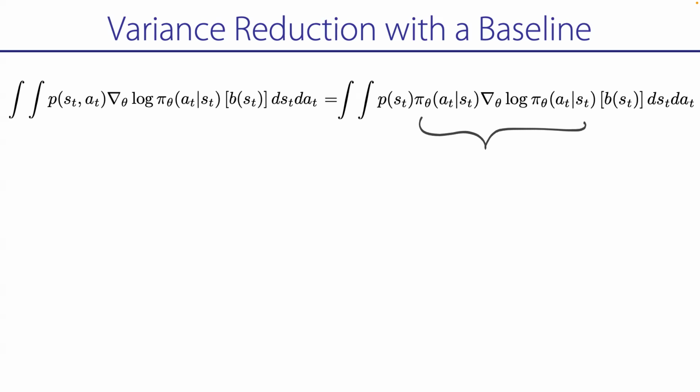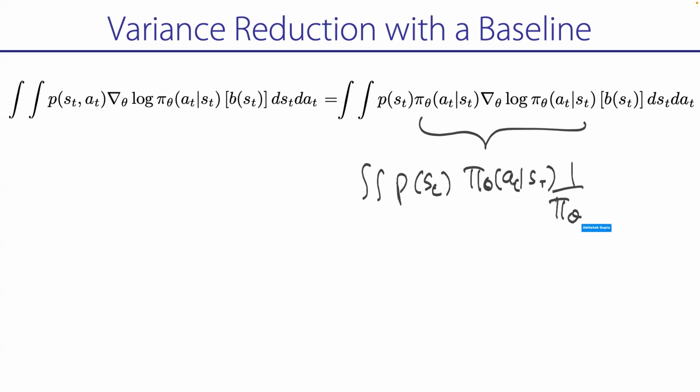So we get P of S_t, pi theta of A_t given S_t, and the gradient of log is 1 over pi theta times grad pi theta times B. All we did is use the chain rule on grad log, so 1 over pi times grad pi.